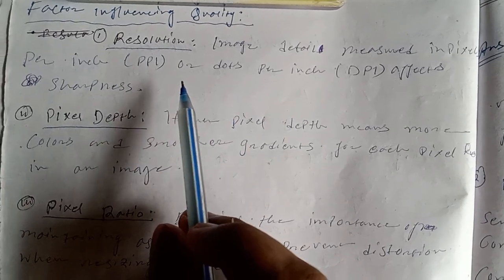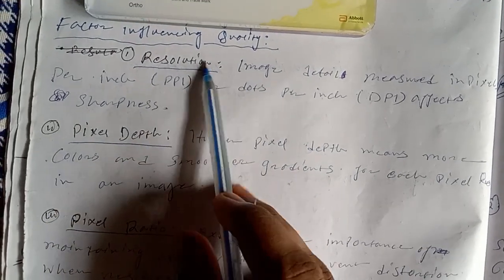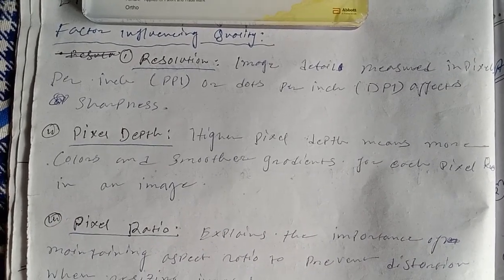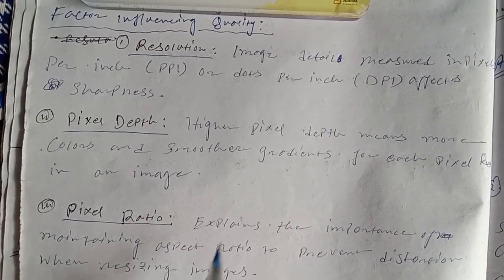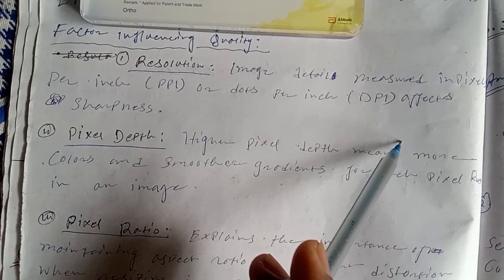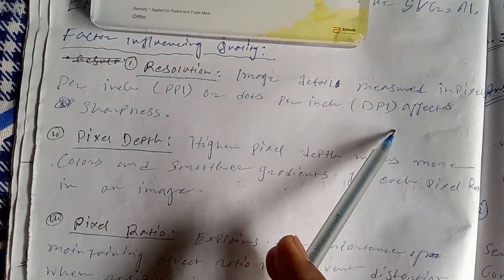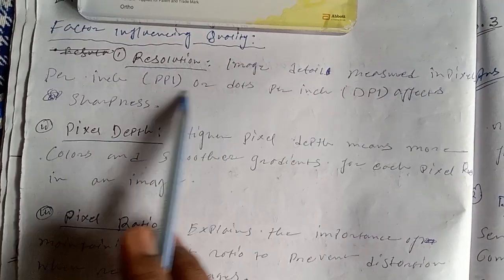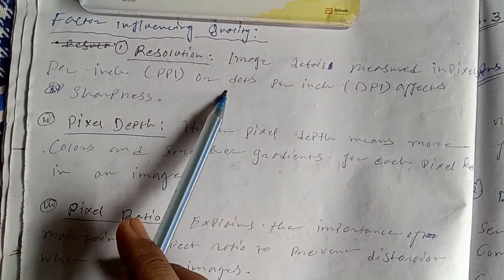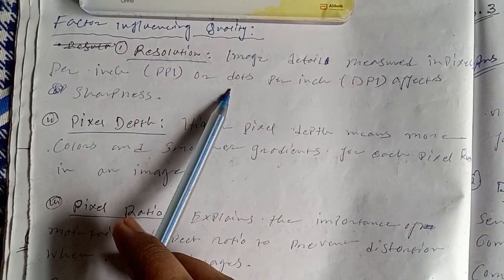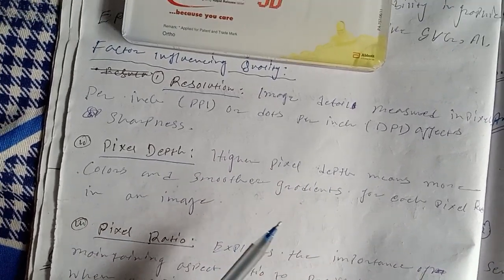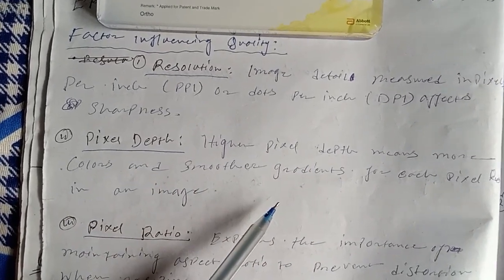Inside the factors influencing quality, we have resolution, pixel depth, and pixel aspect ratio. Resolution is image detail, measured in pixels per inch or dots per inch, and affects sharpness.